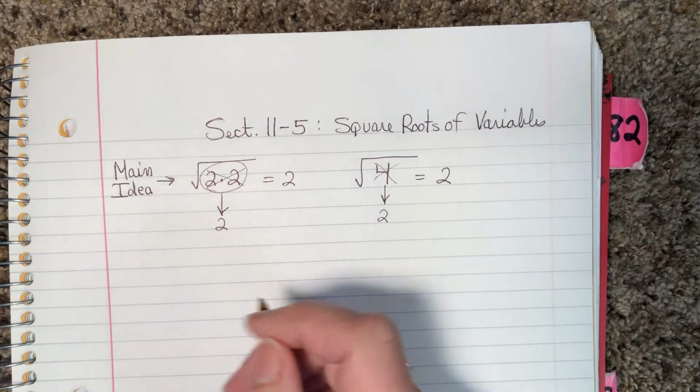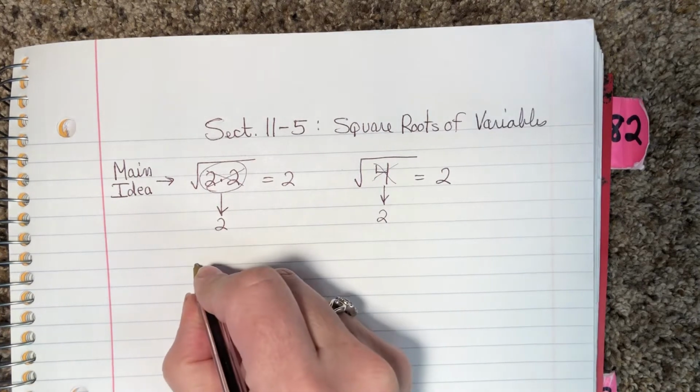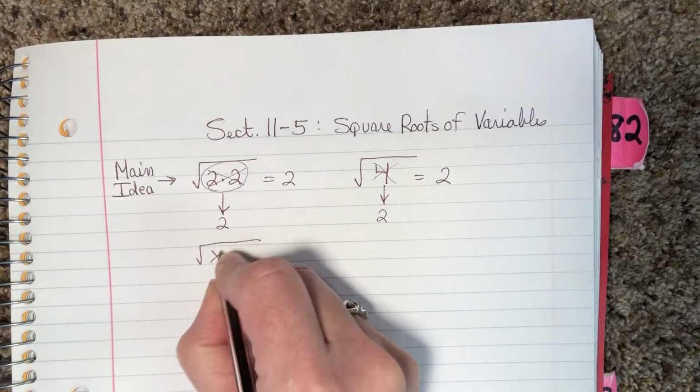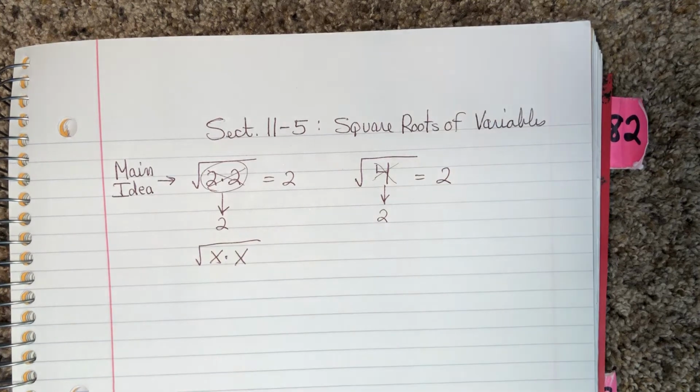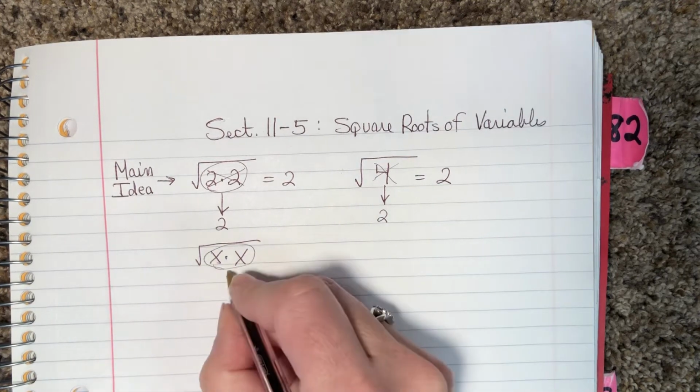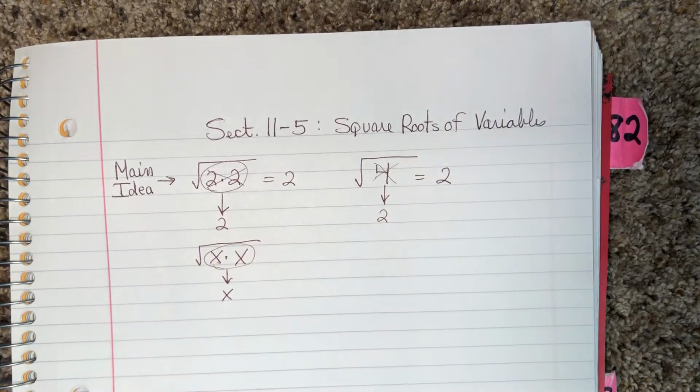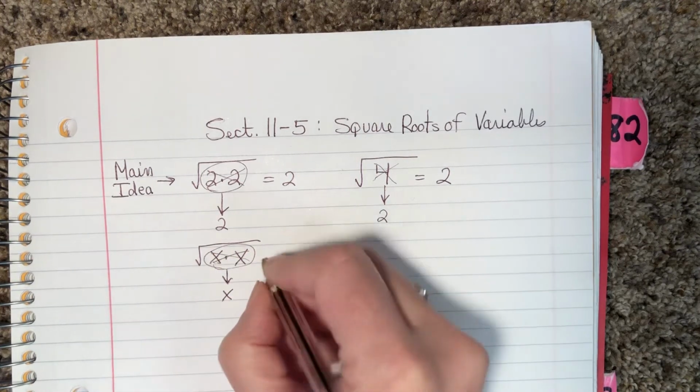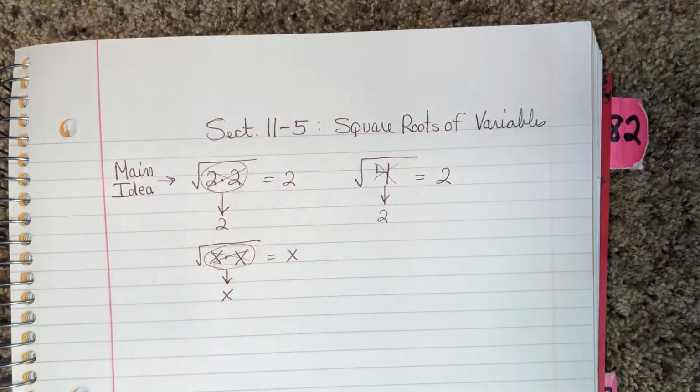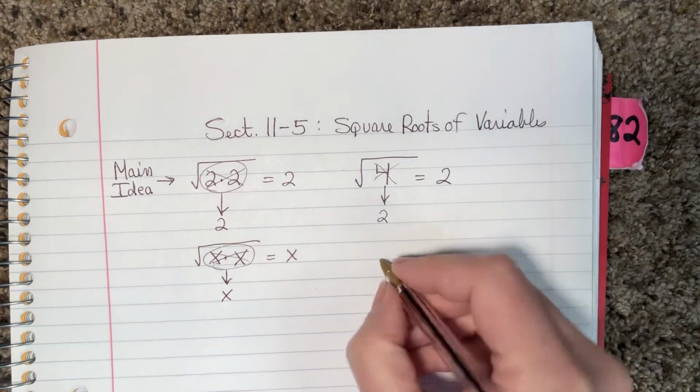Now we could do the same thing with variables. If I had a pair of x's, then one x will come out, and you'll have an x left behind.